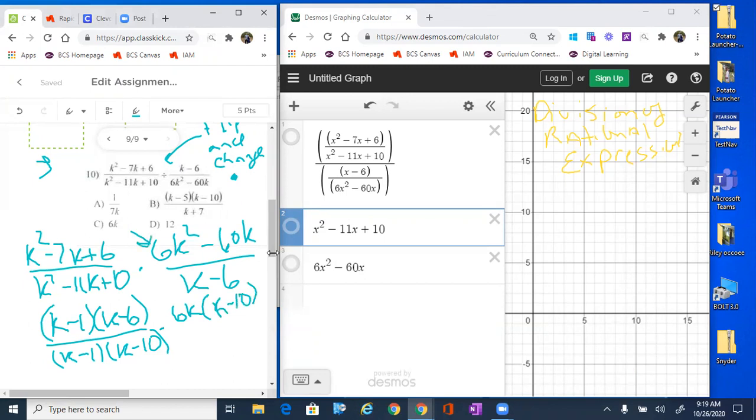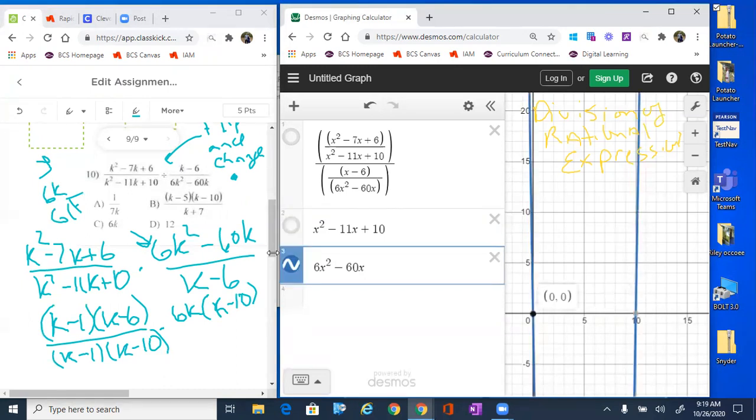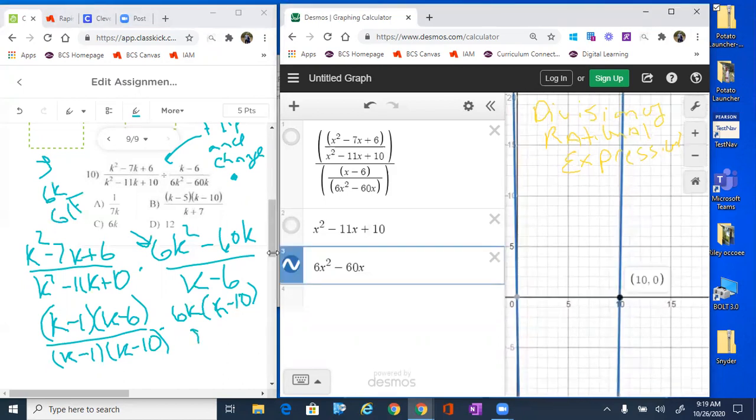That is this one, GCF is 6k. Now, if you didn't know that, you can still factor it. You notice that one of the roots is 0, that is the k, and the other one is going to be 10, and that is the x minus 10. You just have to pull out the value of 6. After that, k minus 6 is fully factored, so I just leave it like that.